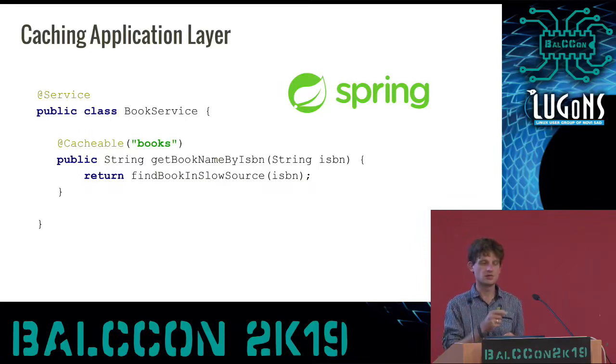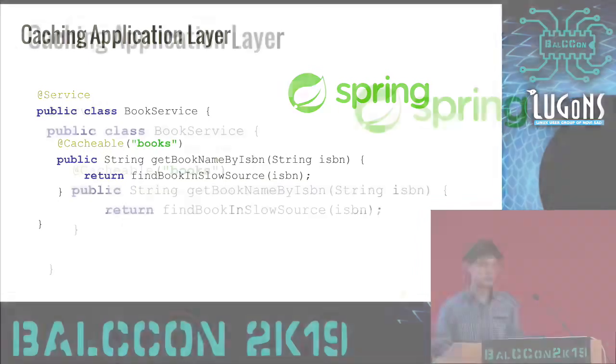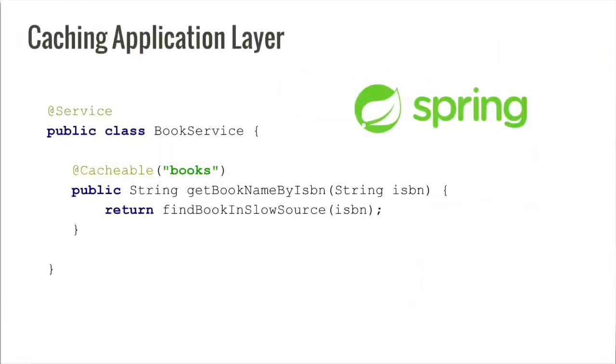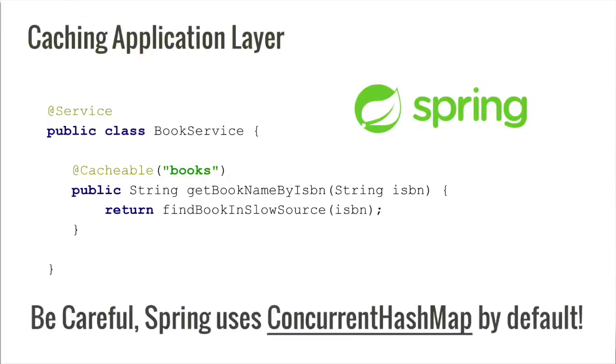If yes, return the cached value. If not, perform the process with the method findBookSlowSource. However, be careful, because Spring by default uses ConcurrentHashMap. I don't know why, but they did it that way.